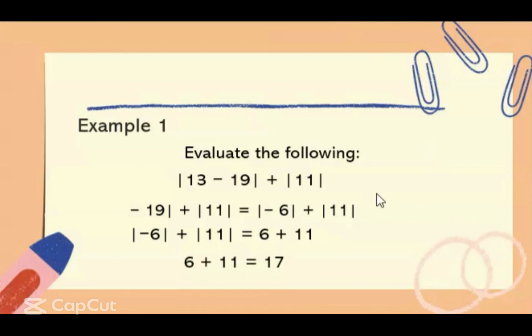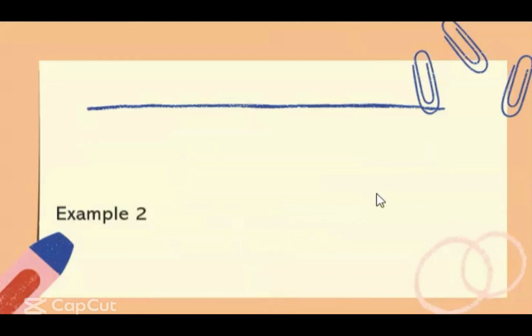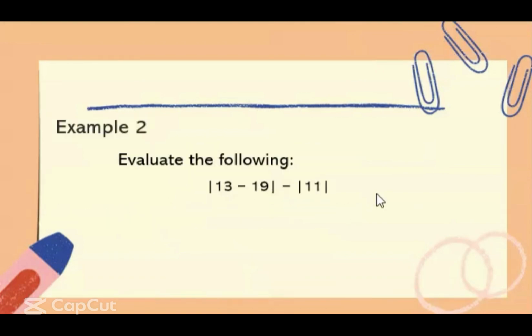Let's have our second example. The absolute value of 13 minus 19 minus the absolute value of 11. 13 minus 19 is what? Okay, negative 6. So, baba natin.